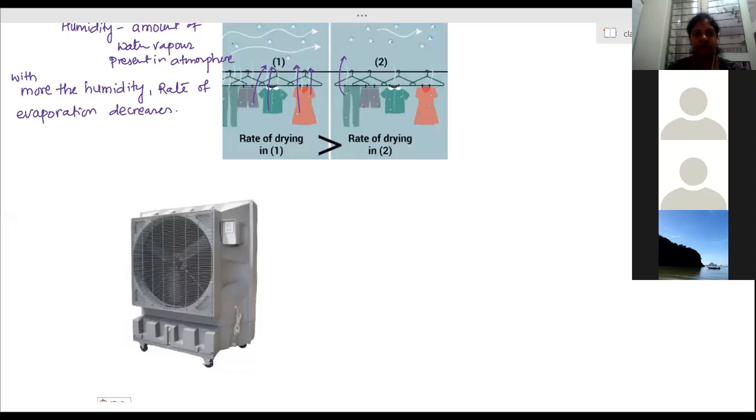Just a sec. So, the internal structure of it.